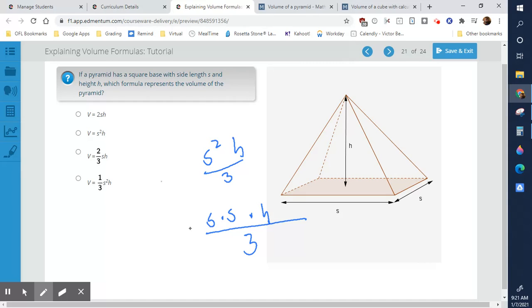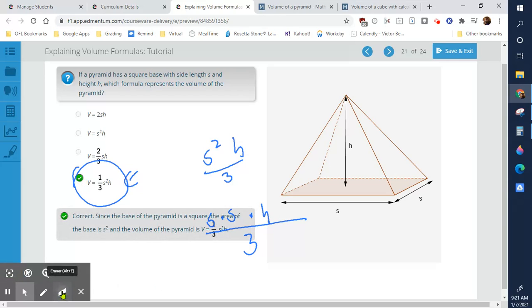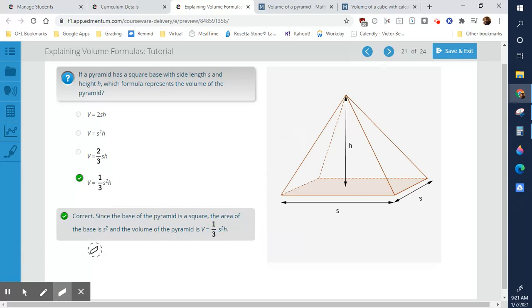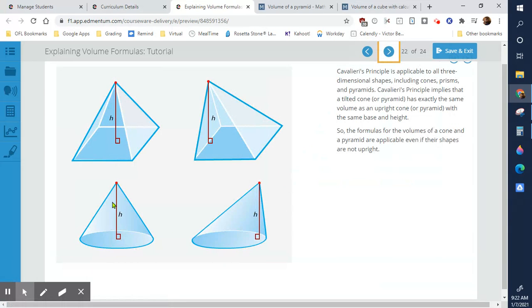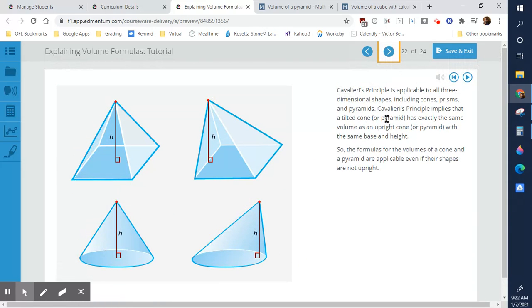Again, whenever we're talking about height, Cavalieri's principle works out for these shapes as well. You want the 90-degree angle height, not the slant height. First of all, this slant height is not going to be equal to that. We'll talk about it in other topics, but this height and this slant height don't equal each other. This is going to be half the length because remember we have this other half over here.